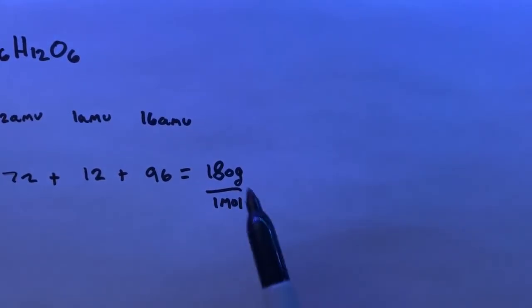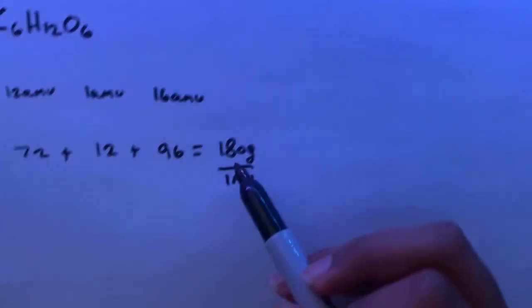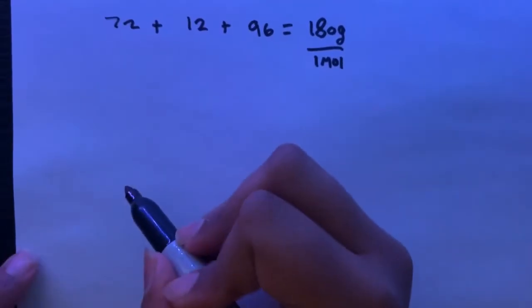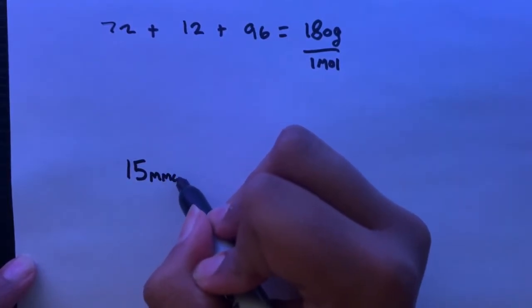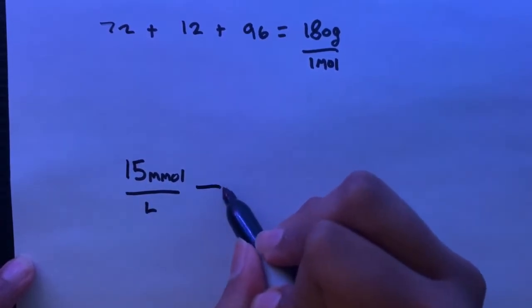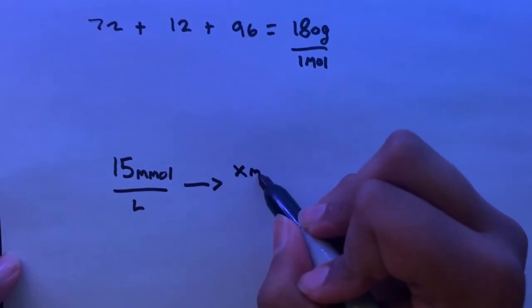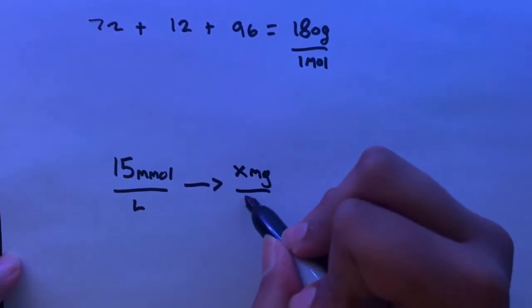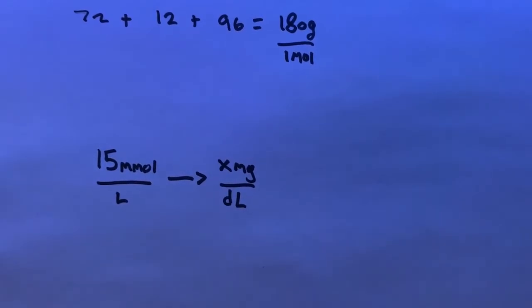From here, I'll just use an example of like 15 millimoles per liter, let's say. So you have 15 millimoles per liter, and you want to convert this into how many milligrams per deciliter. So I'll explain how to do that.